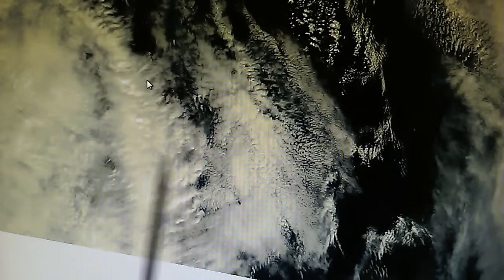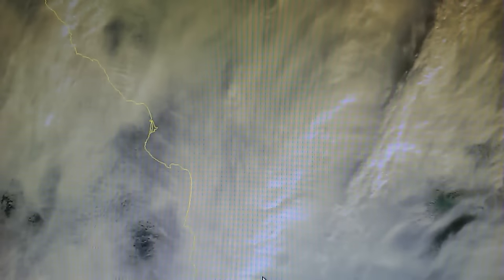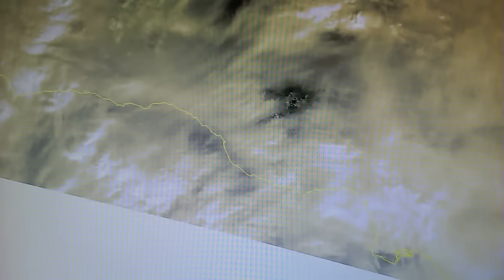And as we pan offshore a little bit, we can see some natural clouds. Right here, for instance, this natural white stuff is the natural water vapor bearing clouds. And as we move in over northern or central California, we can see the chemtrail haze right here, which is blanketed over all that moisture to stop the lift.